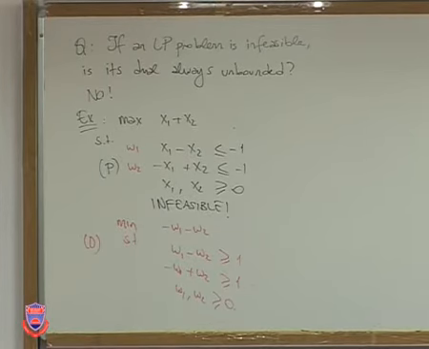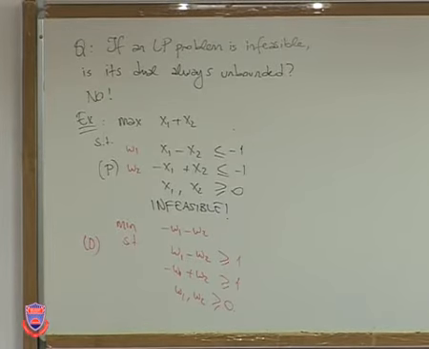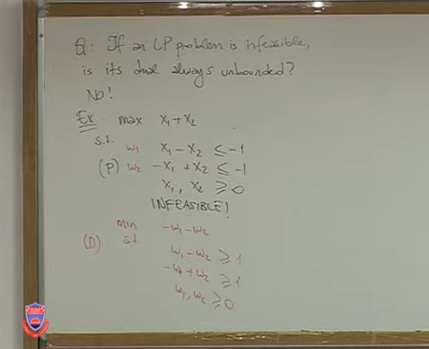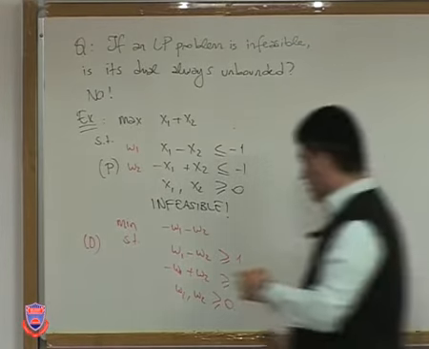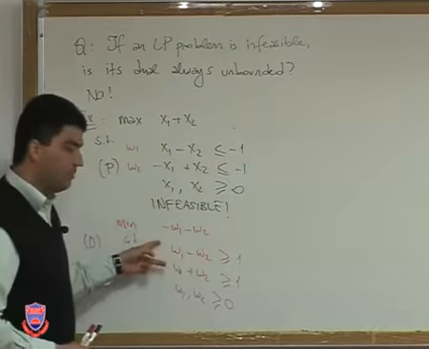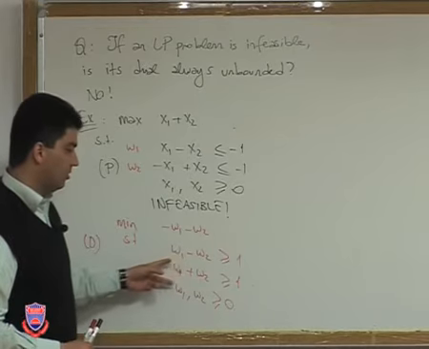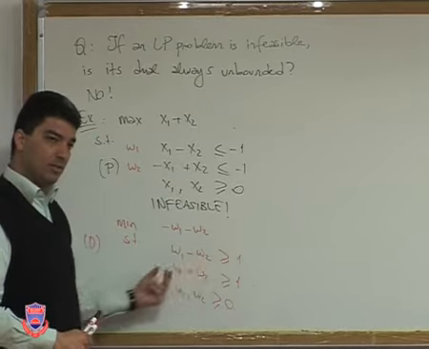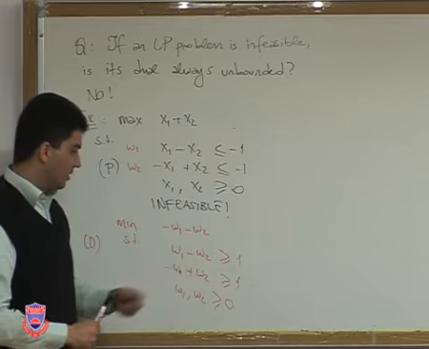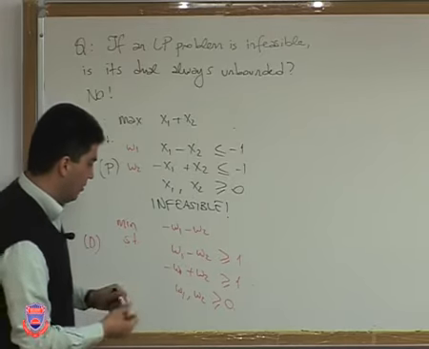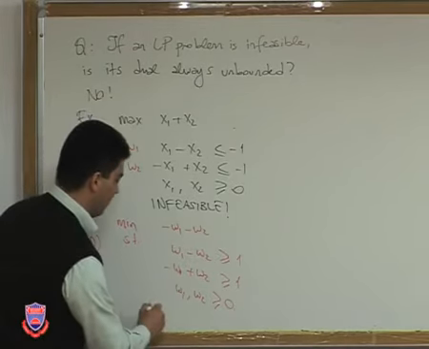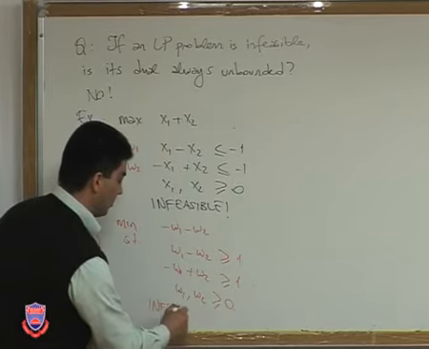Okay? And I claim that the dual problem is also infeasible. Why is that? Again, by the same reasoning. If you just take these two constraints and add them up, the left-hand side becomes 0, the right-hand side becomes 2, but 0 is never greater than or equal to 2, right? So as a result, you cannot satisfy these two constraints at the same time, which means that the problem is also infeasible.